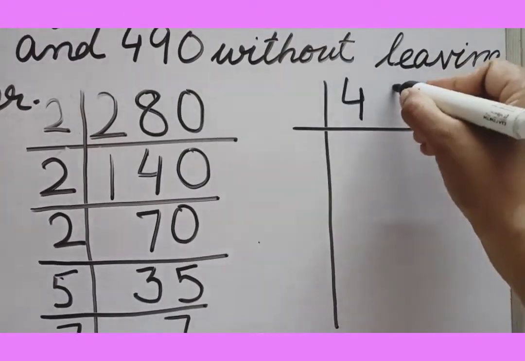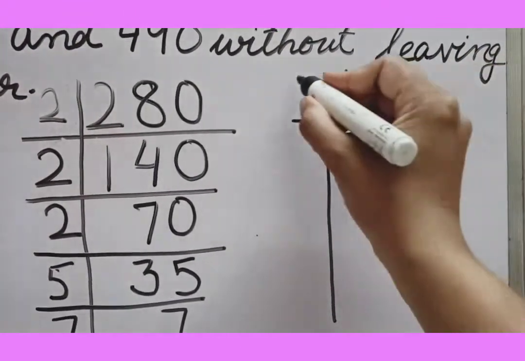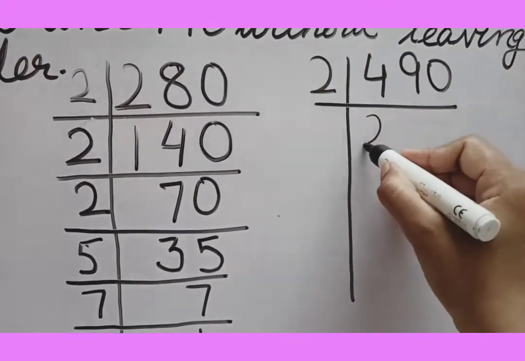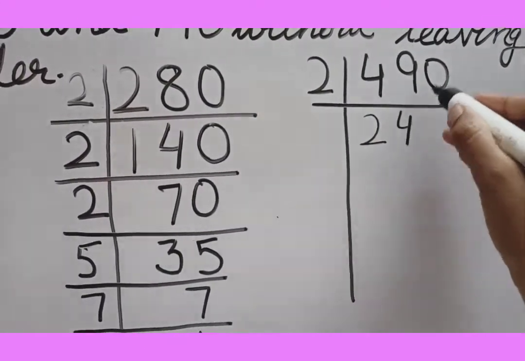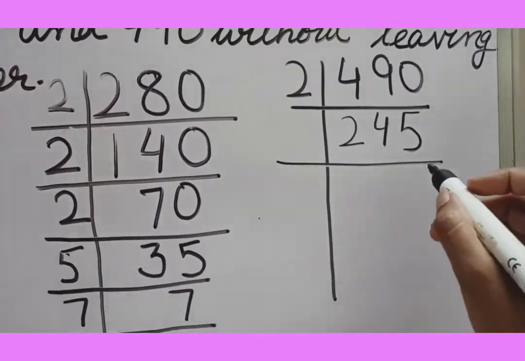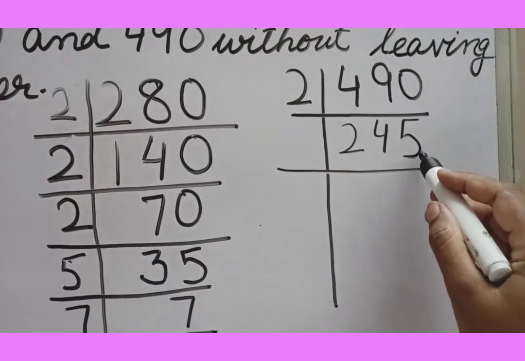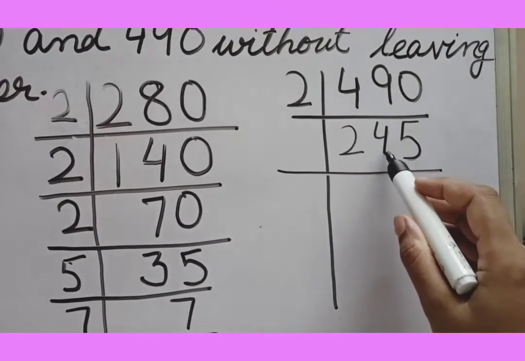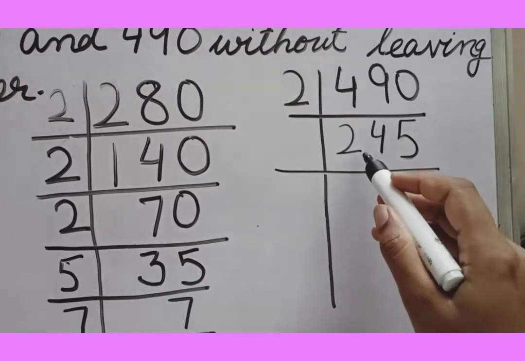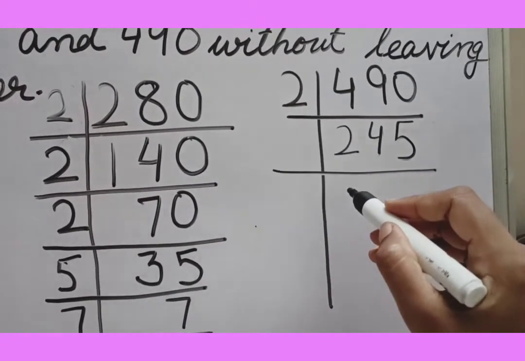So let's write down 490, divisible by 2 because of the 0. It's an even number. Then 2 2s are 4, 2 4s are 8, 1 carried. It will be 245. Now to check whether it is divisible by 3, 5 plus 4 is 9, 9 plus 2 is 11. So it will not be divisible by 2 as well as 3.